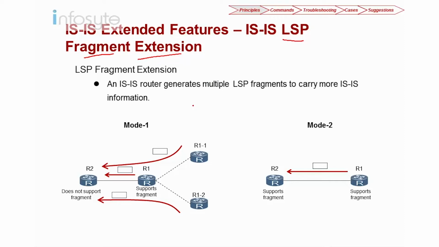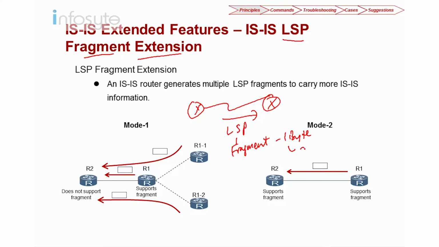In the ISIS router, when we send our LSP, there is a fragment field, which consists of 1 byte. This fragment byte allows you to create up to 256 fragments. In other words, we are able to fragment our LSP advertisement up to 256 fragments.